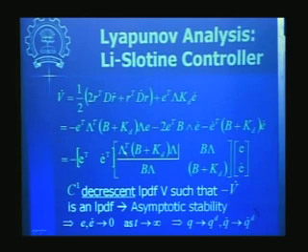Since it has all the positive definite matrices, lambda, b, kd, they are all positive definite symmetric matrices. Because of that, the determinant of this matrix is also positive. So this matrix is positive definite.